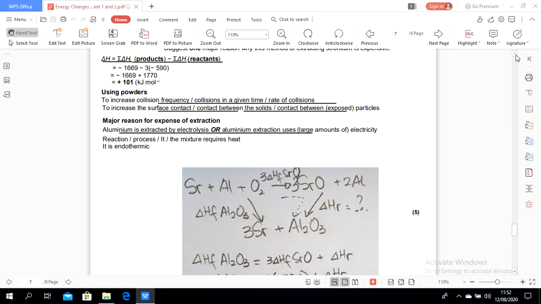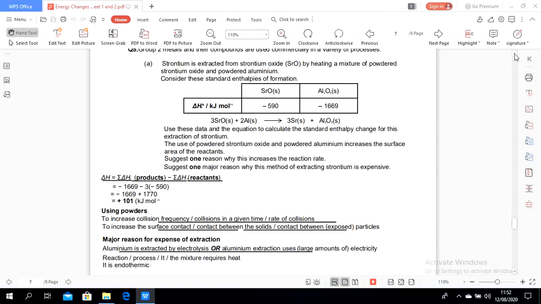And then why is the extraction expensive? Because in the equation, pure aluminium is used. We know aluminium is a reactive metal. In order to extract aluminium, electrolysis must be used. And we know electrolysis requires a huge amount of energy, because aluminium at room temperature and pressure is solid.